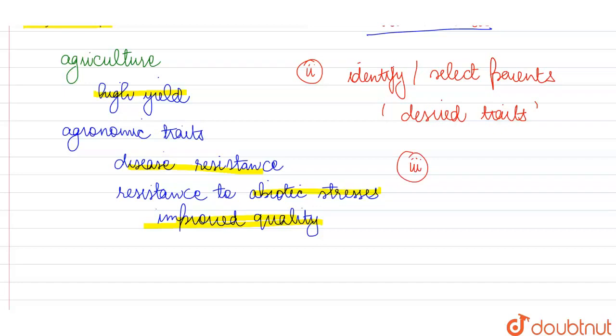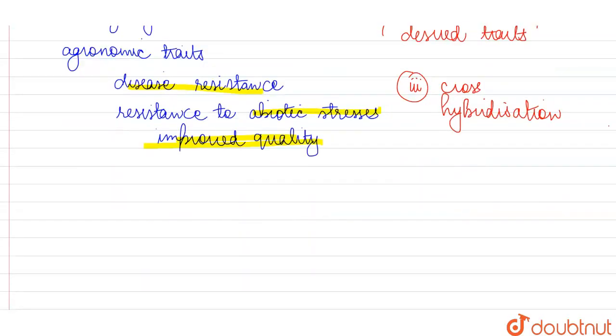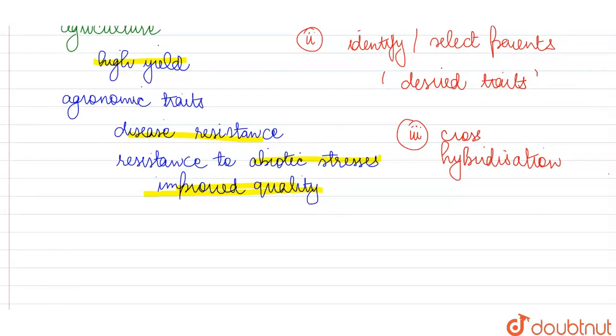Then between these parents, we have to carry out cross breeding or cross hybridization so that the desirable characteristics of both the parents get combined in such a way in their offspring that we get a plant which is going to give us optimal yield and have all the desirable agronomic traits also.